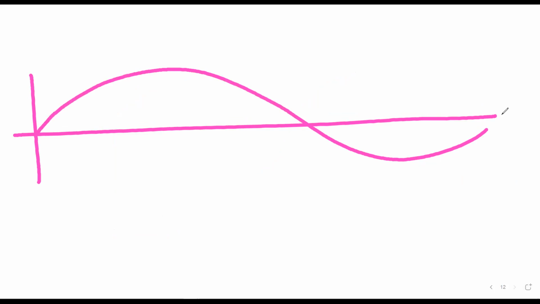Let me draw some more figures to make this easier. So for example, if this is y is equal to sin x, now there is a y is equal to sin 2x and a y is equal to sin 3x.